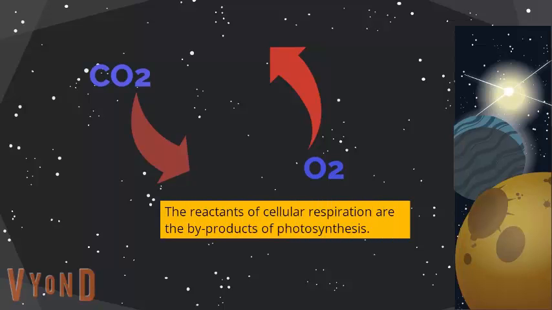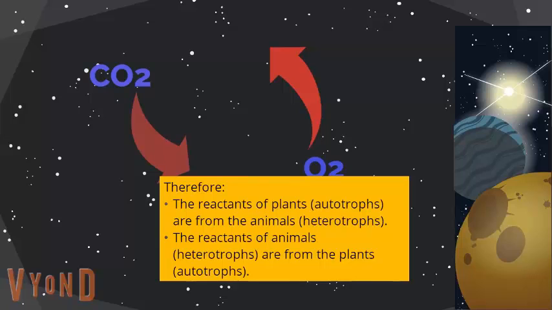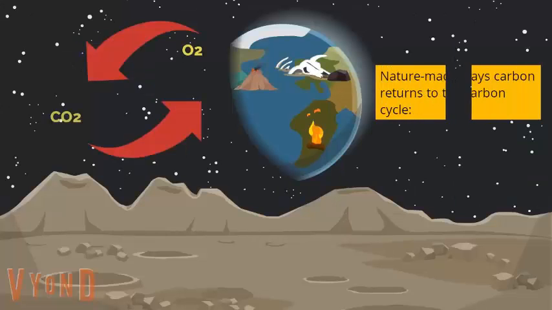The reactants of cellular respiration are the byproducts of photosynthesis. Therefore, the reactants of plants, autotrophs, are from the animals, heterotrophs, and the reactants of animals, heterotrophs, are from the plants, autotrophs.